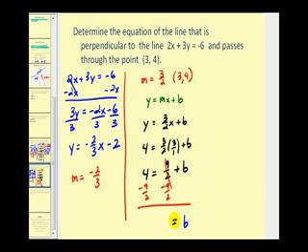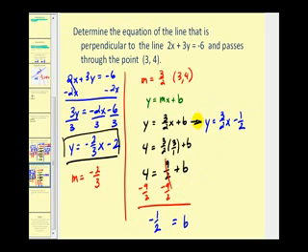So we have b equals, well, 4 is actually 8/2. 8/2 minus 9/2 would be negative 1/2. So that tells us that the equation of the line that's perpendicular to the given line and passing through 3, 4 is y equals 3/2 x minus 1/2.